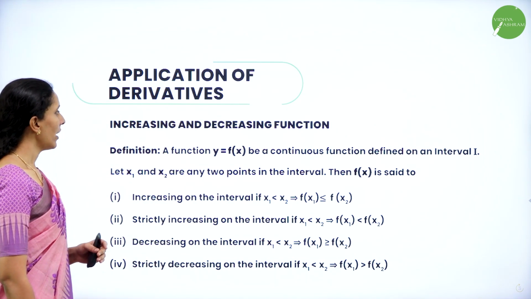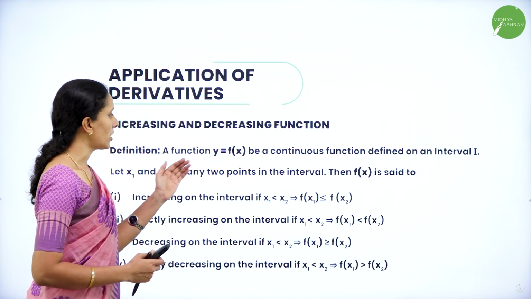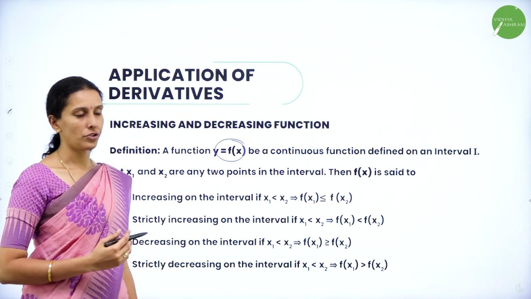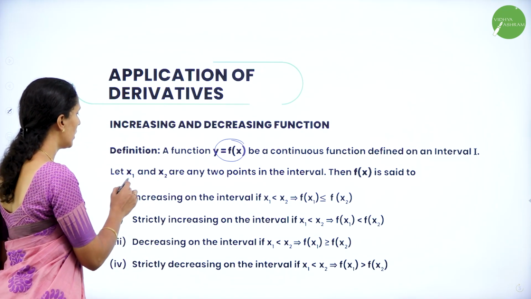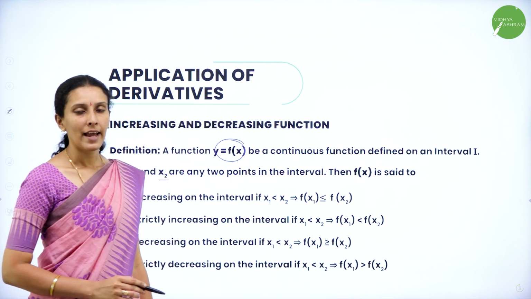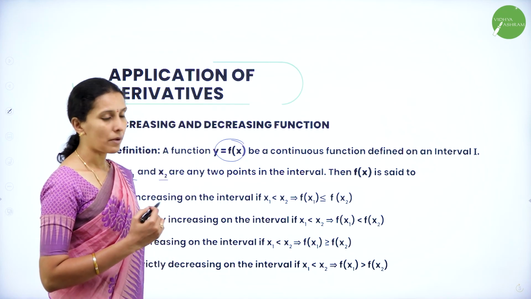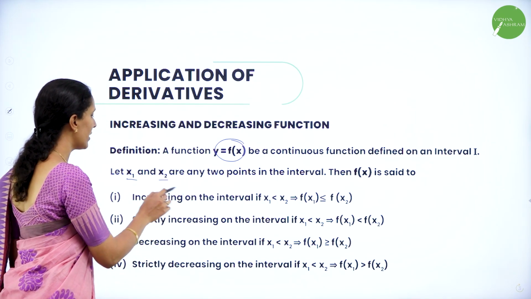Here we have increasing and decreasing functions. A function y is equal to f of x be a continuous function defined on an interval I. Then we take two numbers x1 and x2, real numbers, two points from the interval. Then f of x is said to be increasing.